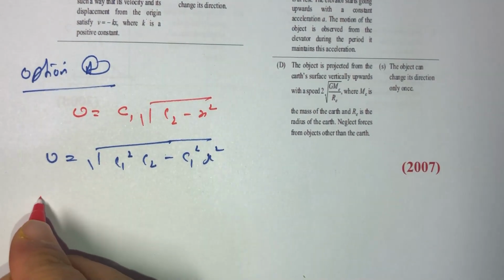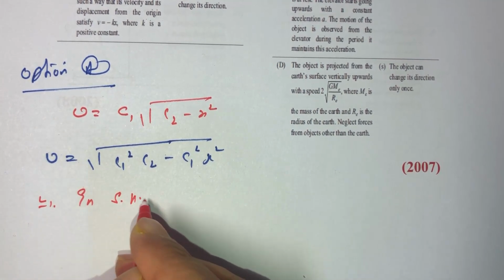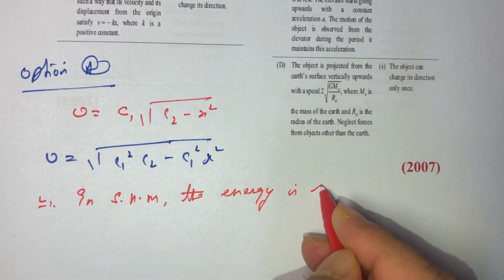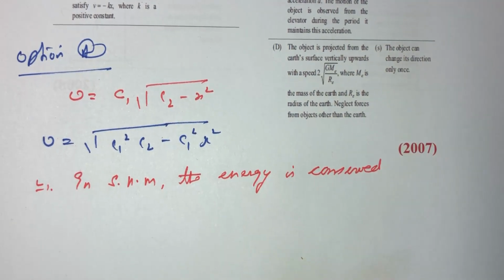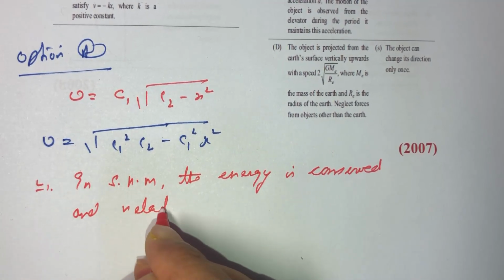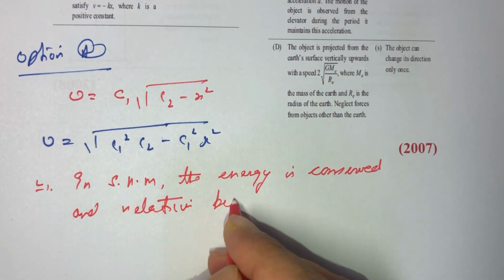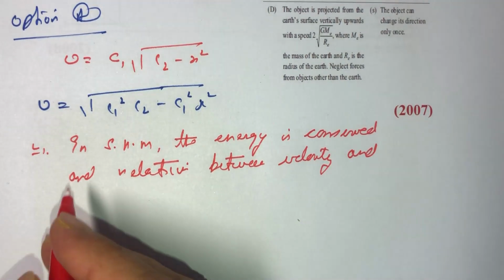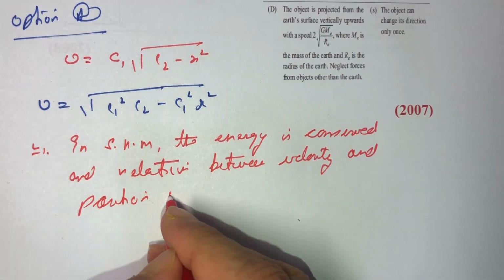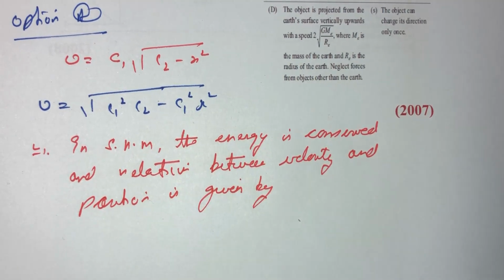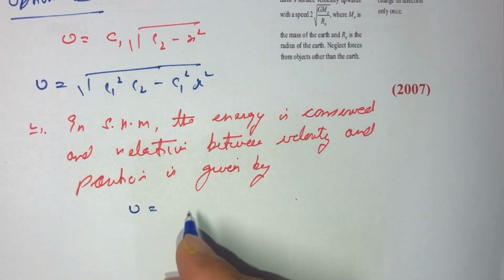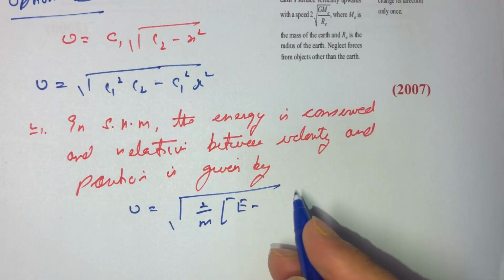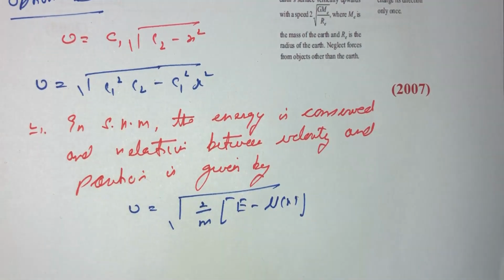So we can write that in SHM, the energy is conserved and the relation between velocity and position is given by V is equal to square root of 2 divided by m multiplied by E minus U of x.